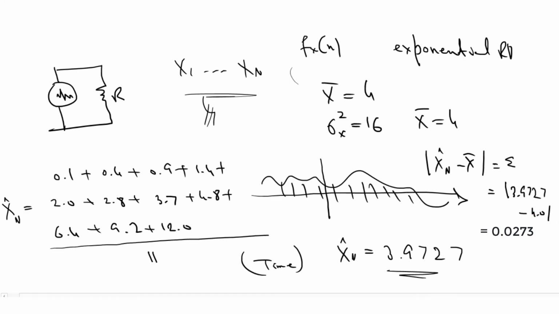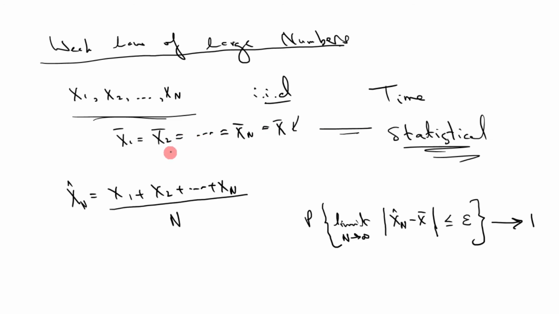So you can verify the weak law of large numbers, in which case this error is 0.0273, and let's suppose we put an upper bound on error which is 0.3 or 0.03, then the probability will always tend to 1.